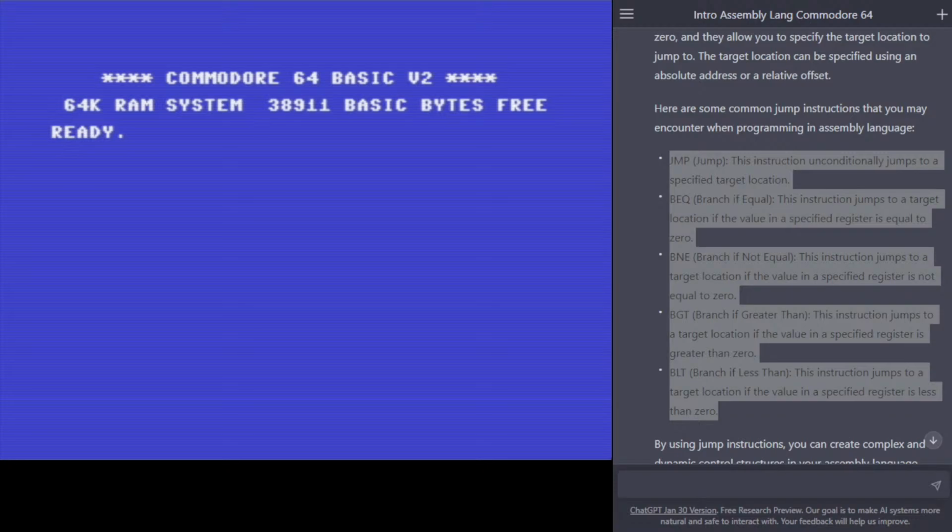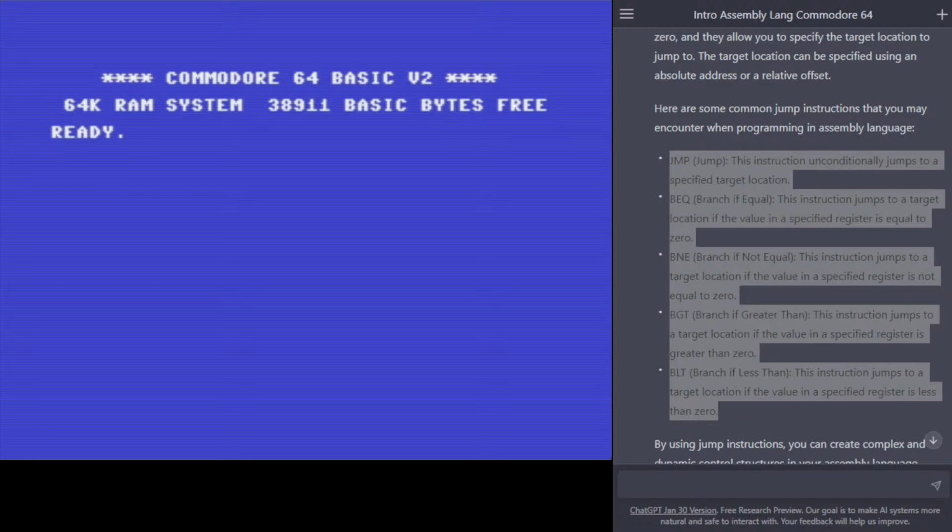JMP, jump. This instruction unconditionally jumps to a specified target location. BEQ, branch if equal. This instruction jumps to a target location if the value in a specified register is equal to 0. BNE, branch if not equal. This instruction jumps to a target location if the value in a specified register is not equal to 0.